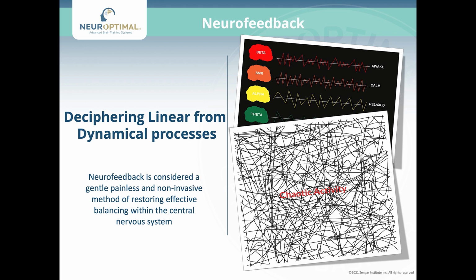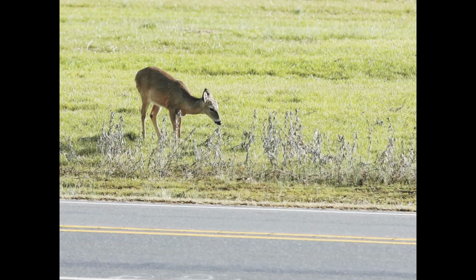If you think about the deer on the side of the road, and all these cars are going down the road, they're loud, they're honking the horn, but that deer just sits there and eats. The deer knows it doesn't have to worry about all of that noise.